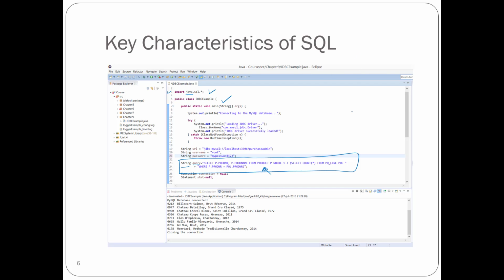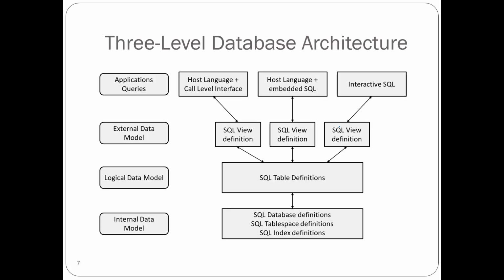So this is the second scenario where we are making use of SQL through a host programming language. The SQL query has been embedded inside a Java program. So yeah, these options are mostly available.